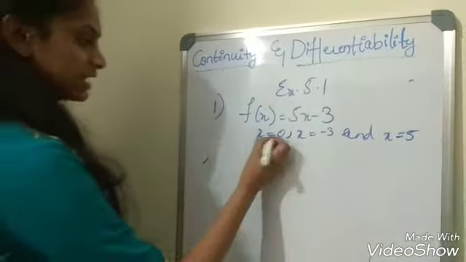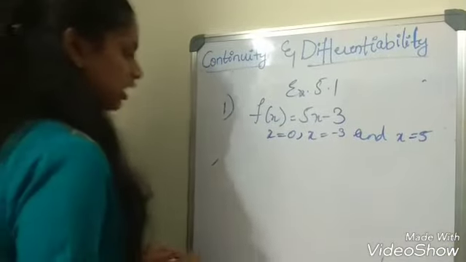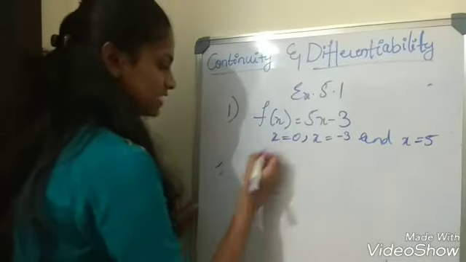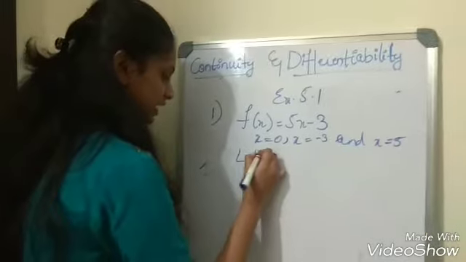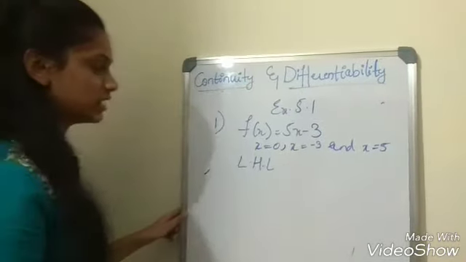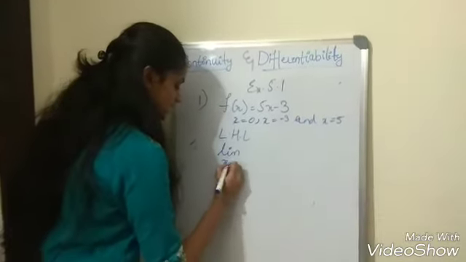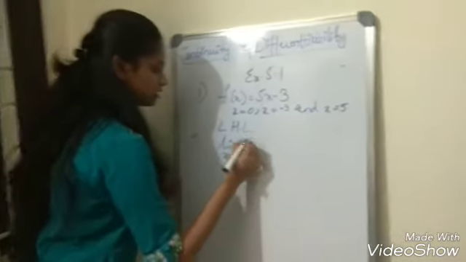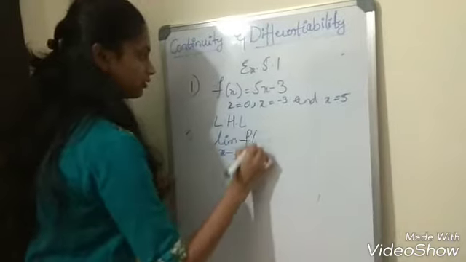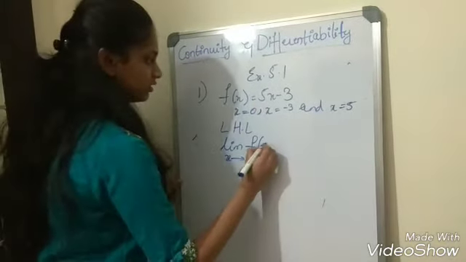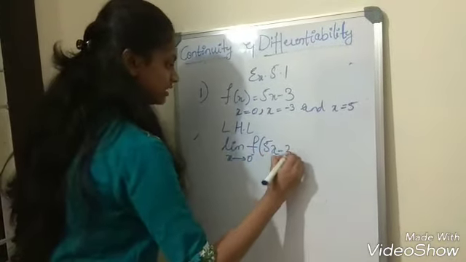So first let us take x is equal to 0. As I told you, you have to check its left hand limit. What is the value of its left hand limit? Now limit x tends to 0 negative of f of x, where f of x is 5x minus 3.